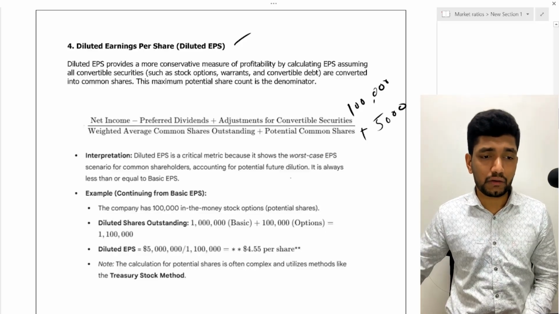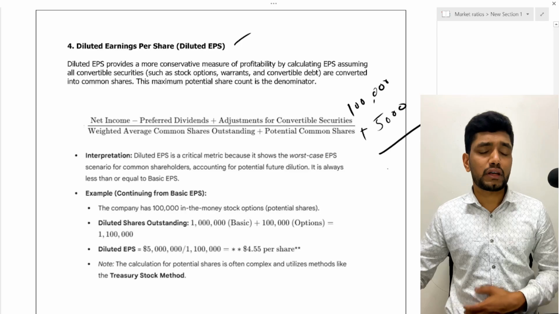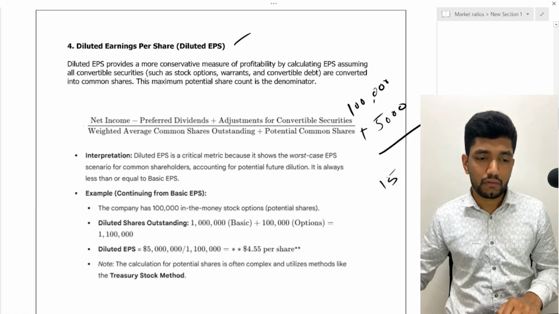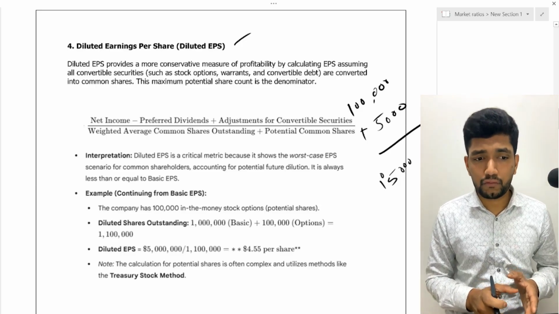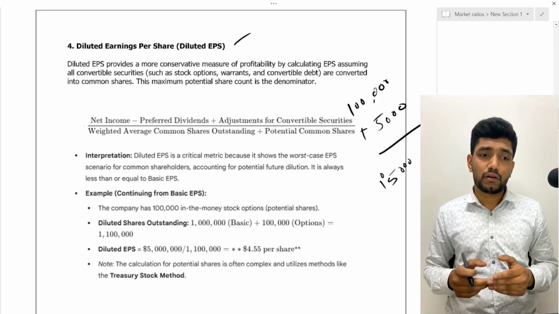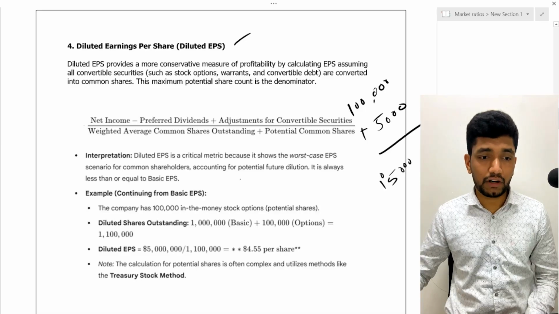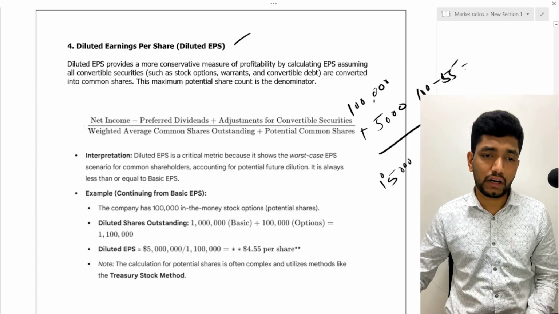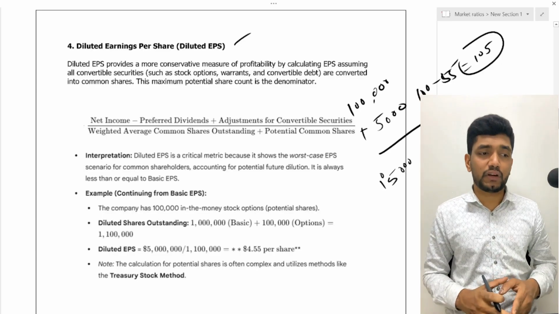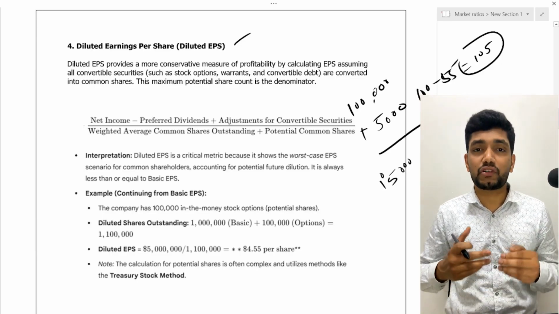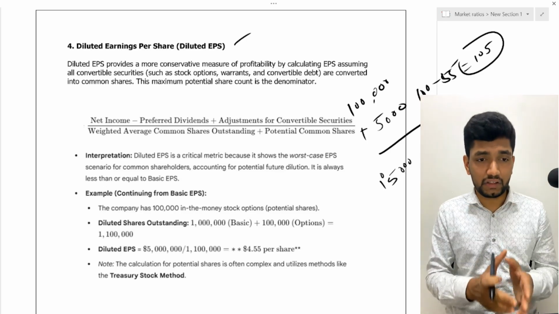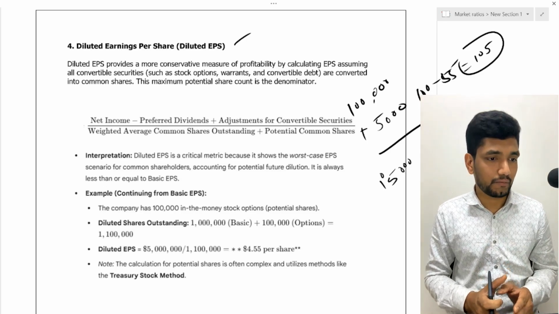So in the diluted earning per share calculation, we will add both: 100,000 plus 5,000, that is 105,000. Even at the time of calculation, if this conversion has not happened, it will still be considered in diluted earning per share.